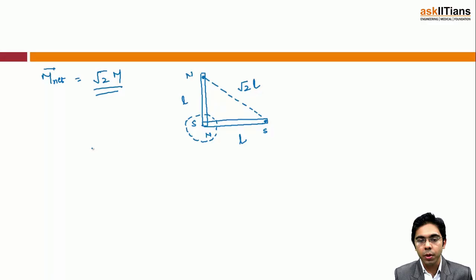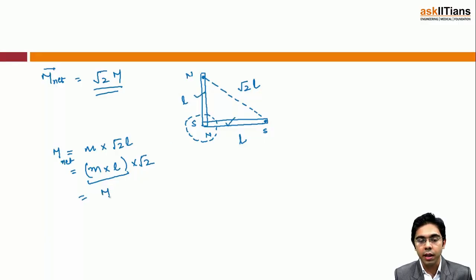So what we are going to get is, since the pole strengths are the same, M net comes out to be m into L, which in this case is root 2 L. So M net will be m into L into root 2, where m into L is the magnetic moment of the initially placed bar magnet.